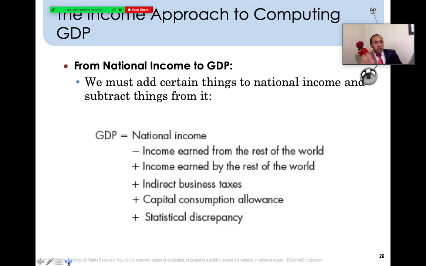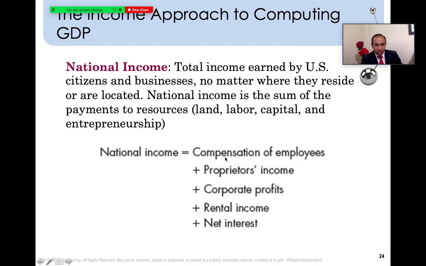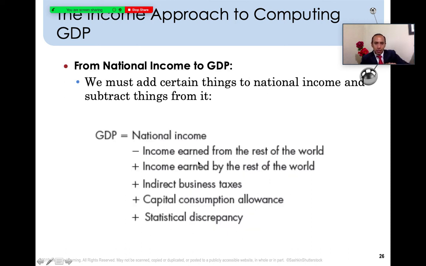From the national income to GDP, here we must add certain things and subtract others from the equation. GDP, gross domestic product, is equal to the national income, which is all of this added together: compensation of employees, proprietors' income, corporate profits, rental income, and interest. That's all here. It will be a long calculation if we include them all.